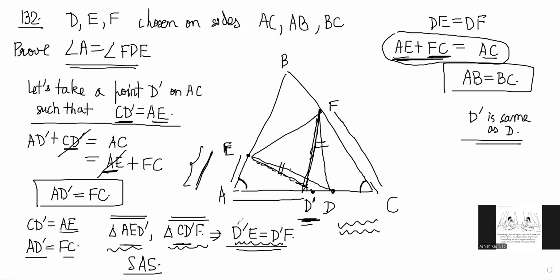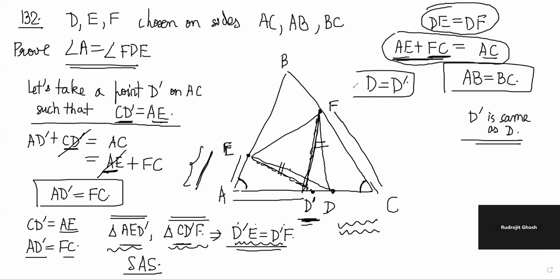That means D dash is the point equidistant from E and F on AC, right? But we already knew that D was such a point, right? That means D is equal to D dash, right? So D and D dash are the same point now, and therefore we know that the same property of congruence will apply to triangles ADE and CDF, right?